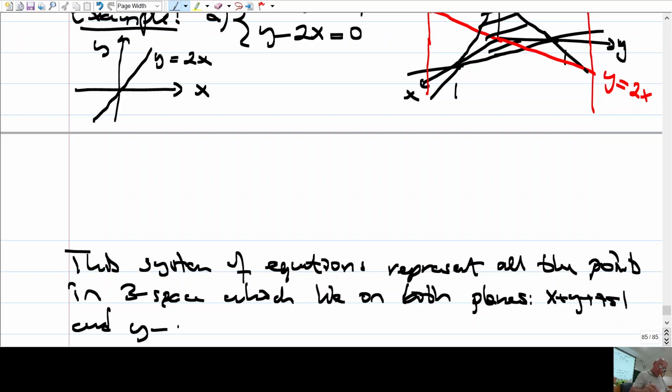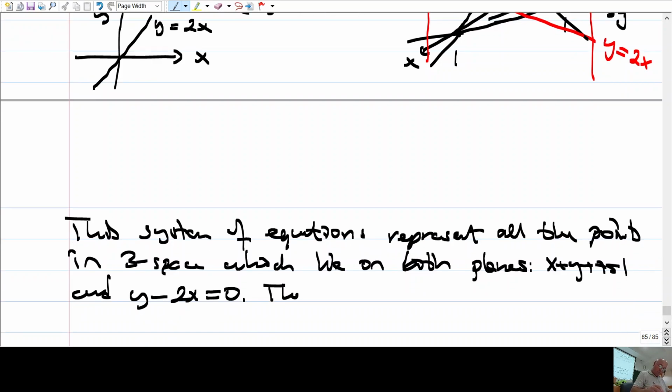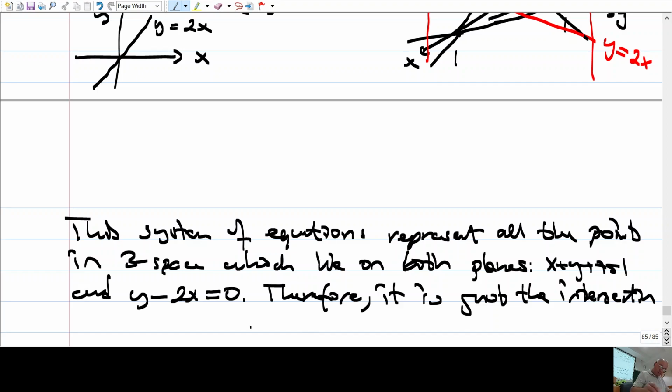x plus y plus z equals 1 and y minus 2x equals 0. Therefore, it is just the intersection of these two planes.